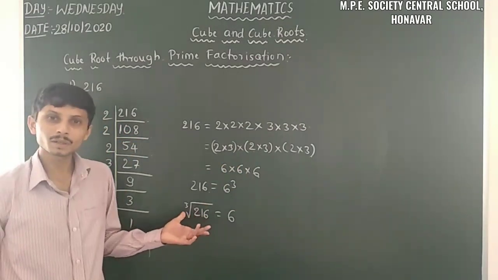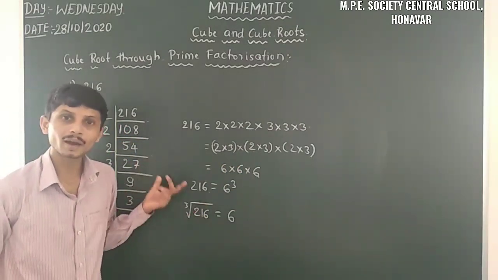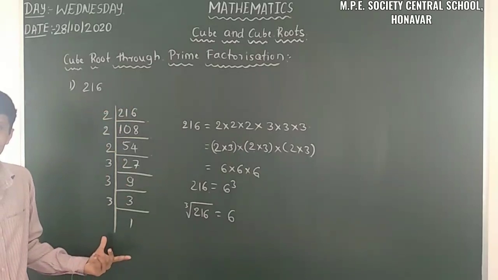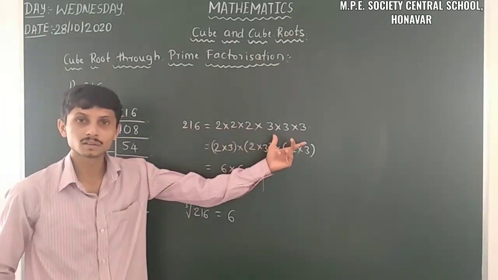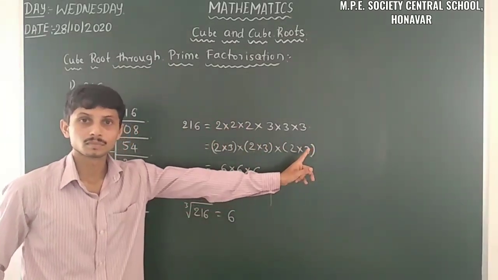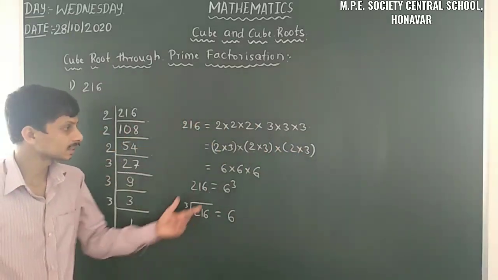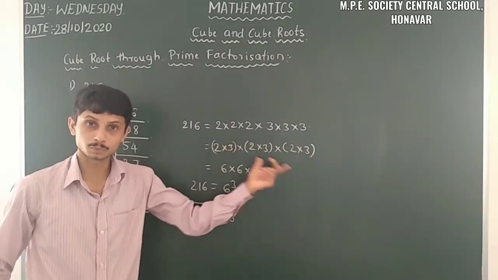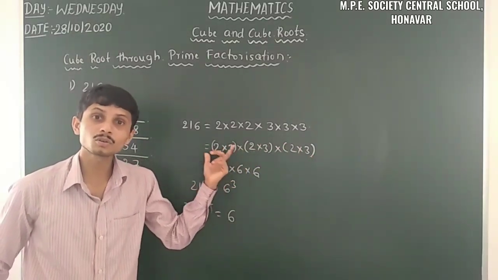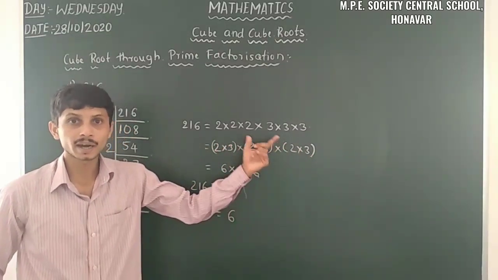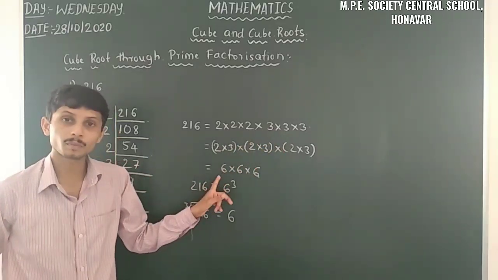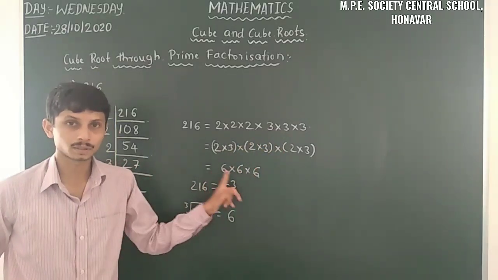So whatever the number we have, you have to take the prime factorization like this, and then take the product of all the prime factors here. Then you have to group them into 3 identical groups, and take it in the form of the multiplication of 3 numbers.